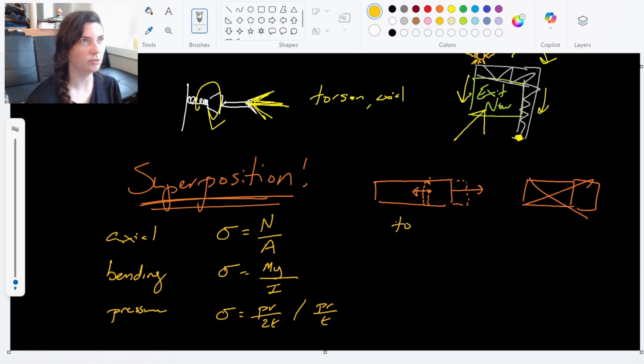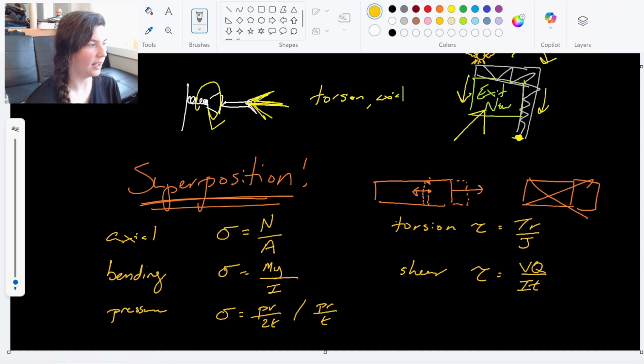And then we have, what else? In torsion, we talked about shear stress. Shear stress, that was torque times R, the radius, over the polar moment of inertia. We talked about shear stress in beams, so that was our shear stress VQ over IT.